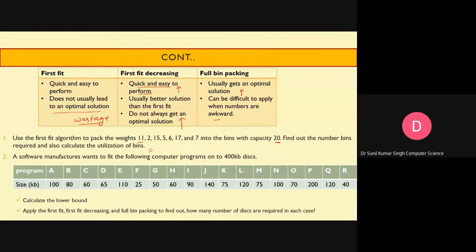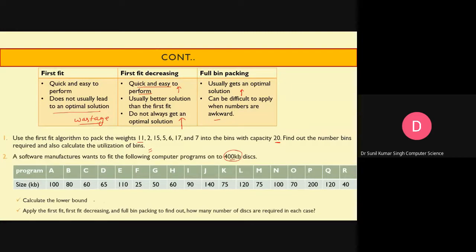Now look at the next problem. A software manufacturer wants to fit the following computer programs. That means programs A, B, C, D till R are given, and the required sizes are given in KB, from 180 till 40, and the size of the disk is 400 KB.